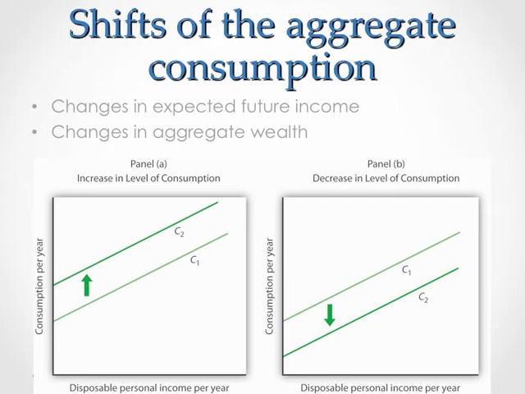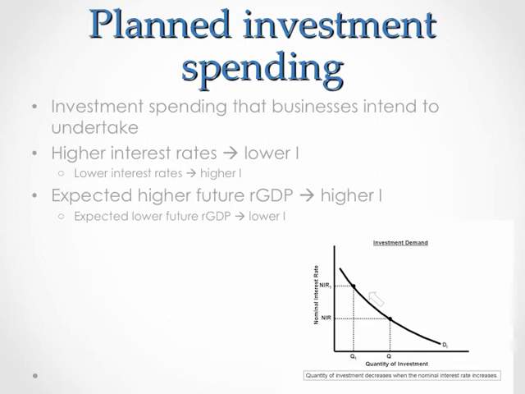You work at the same job, you make the same amount of money you made 5 years ago, but you feel wealthier, so you will spend more money because your aggregate wealth has increased. Same idea with stocks, and that can work in reverse. So if it increases, it shifts upwards. If it decreases, it shifts downwards. This is the one time I let you say shifting up and down. So enjoy it.